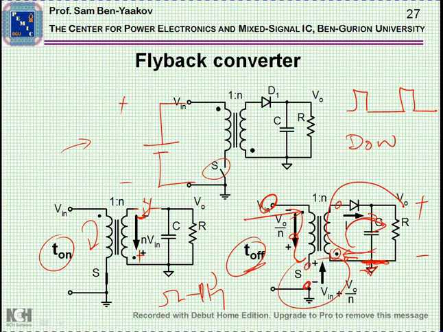Because the coupled inductor acts also as a transformer, in the sense that if there is a voltage in here, and this voltage is in fact V out, save the voltage drop on the diode, then through the turns ratio it'll be reflected to the primary, and could be, by the way, larger or smaller than 1, depending on whether you like to have a low voltage at the output or a high voltage.